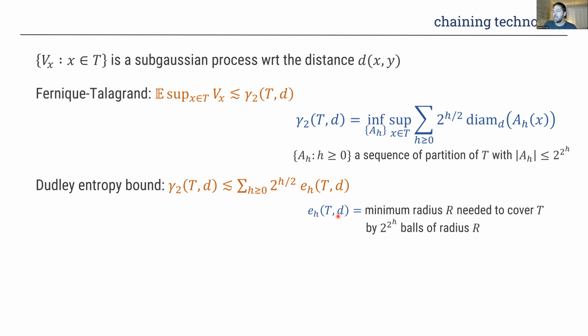So e_h of T here is just the smallest radius r such that you can cover the space T by 2 to the h balls of radius r. So it's some kind of covering number of the space T. And if you can bound these covering numbers, and then you take this weighted sum, it bounds gamma 2, which bounds this expected maximum.